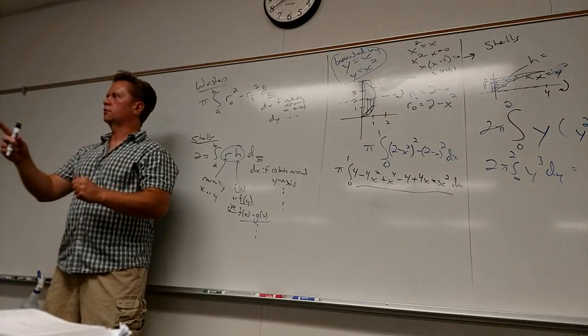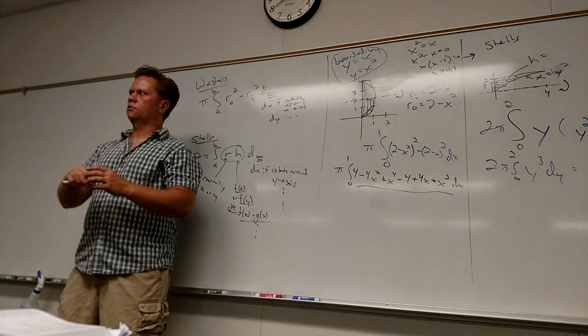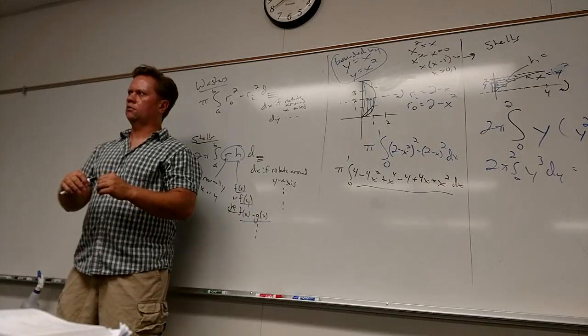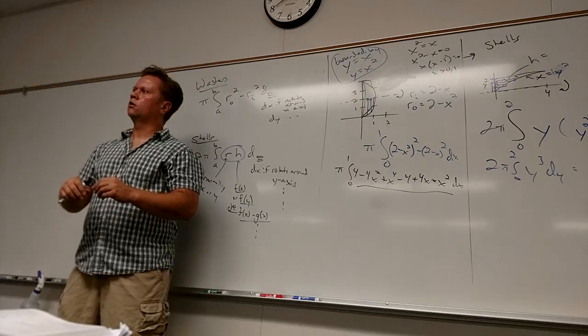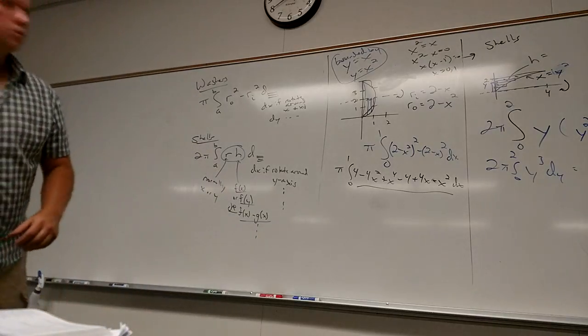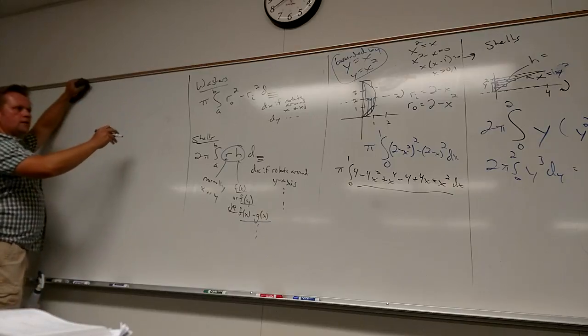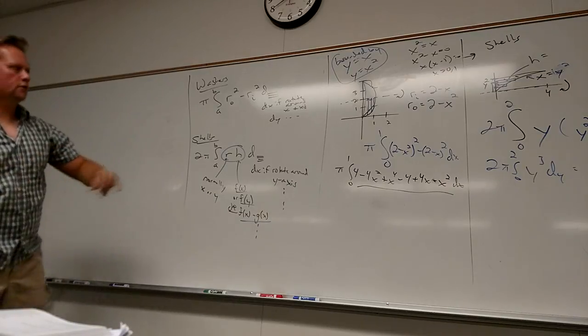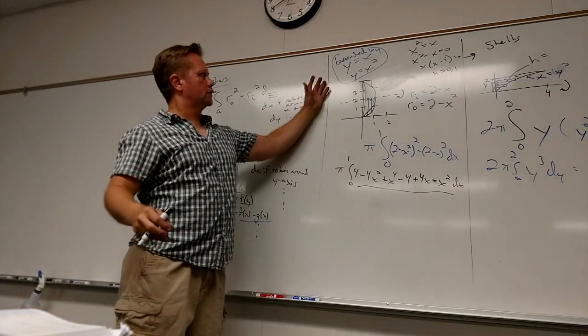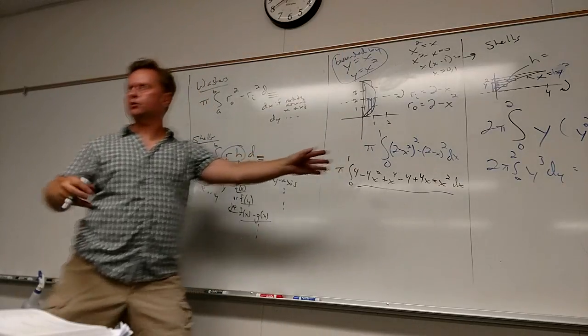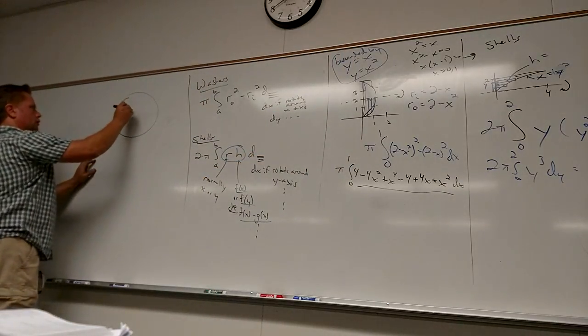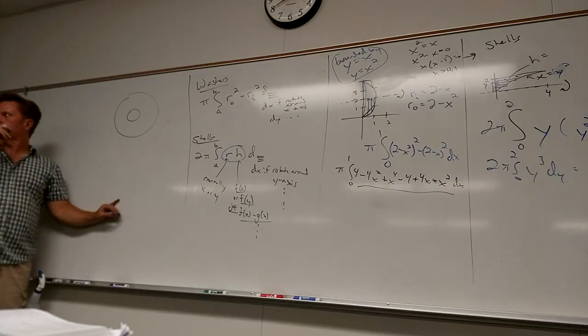Yes, sir? So the reason for both disk and washer that it's being multiplied by pi is because it's a circle, and then for shell it's 2 pi because you're taking 2 circles, kind of? It really is. Let me see. If I rotated this and then looked at a cross section, it would look just like this, right?